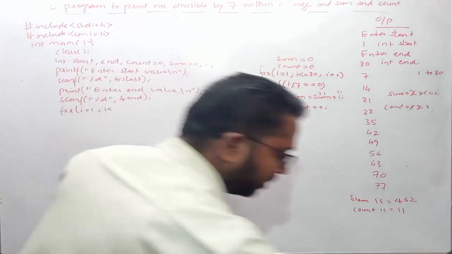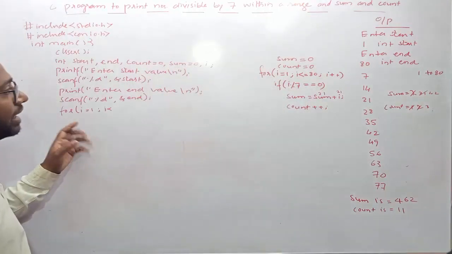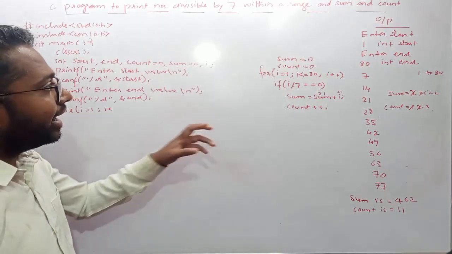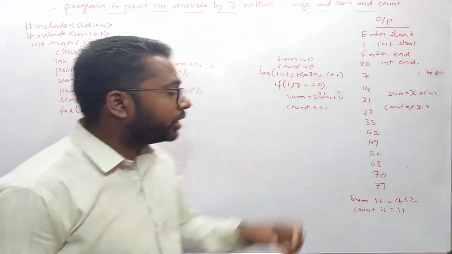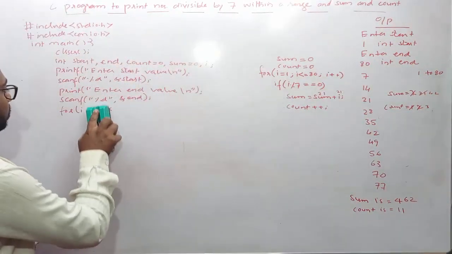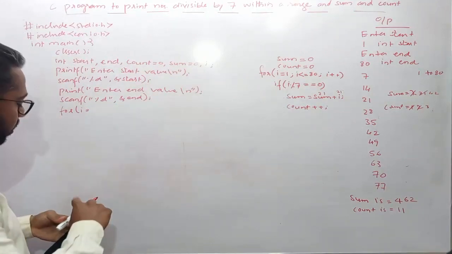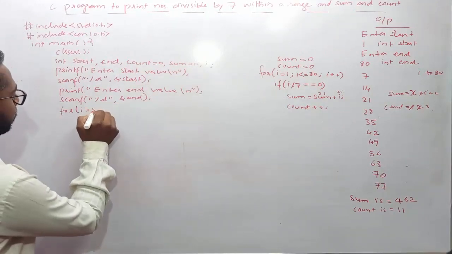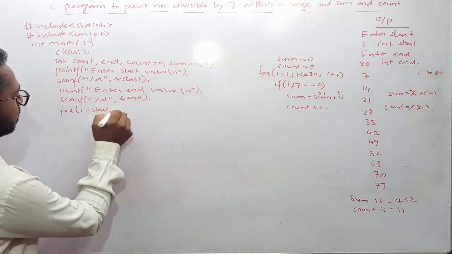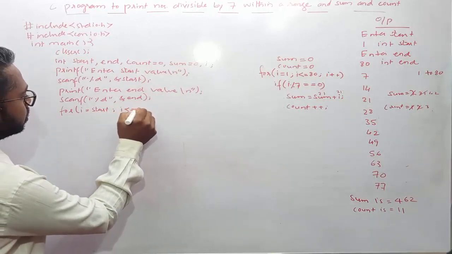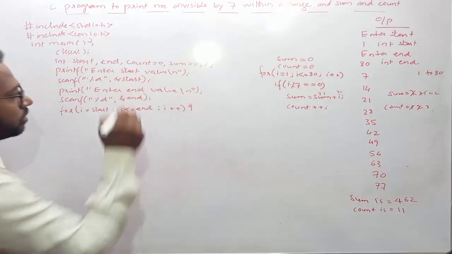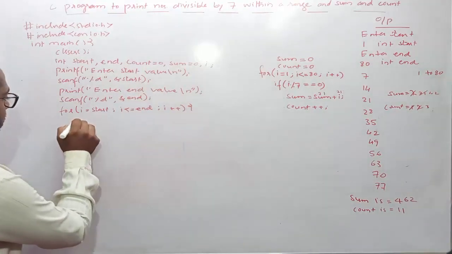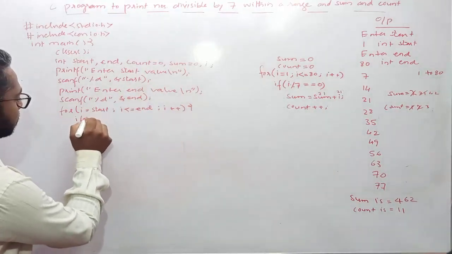Yes, here, since I am accepting the start and end value from the user, which is start and end, instead of putting these values 1 and 80, what I can do is put the value of variable start, I less than or equal to end, semicolon, I plus plus. Next I will check each and every one of these values.